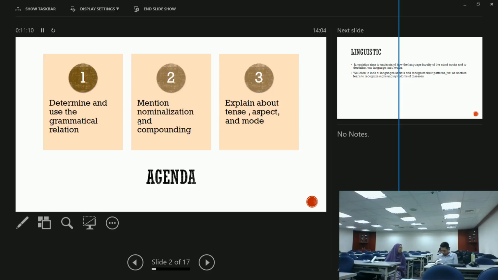Nggak ada HP yang lain, HP yang lain malah lebih parah lagi. Ini aku download pakai ini.